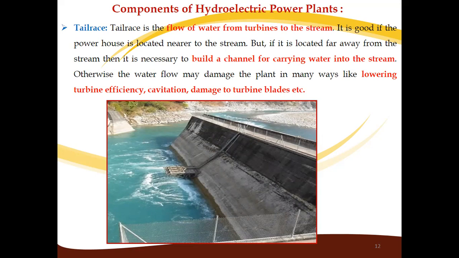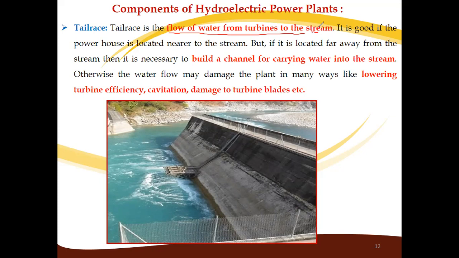If you see, the tail race is the flow of water from the turbine to the stream, or we can say from the turbine to the river. It is then passed to the main stream. So that is called a tail race. So the tail race is a flow of water from the turbine to the stream.